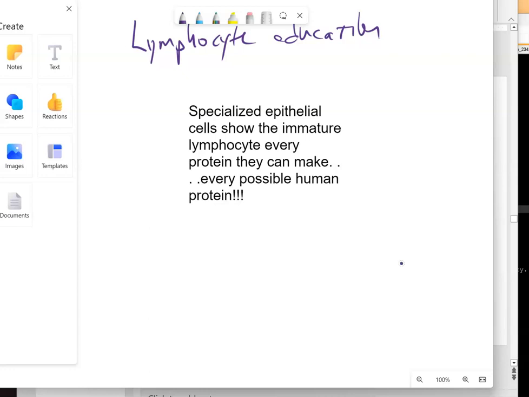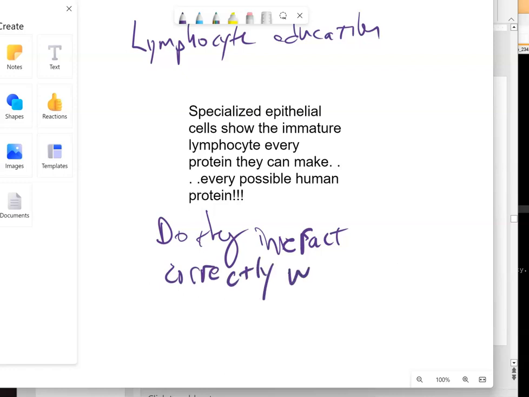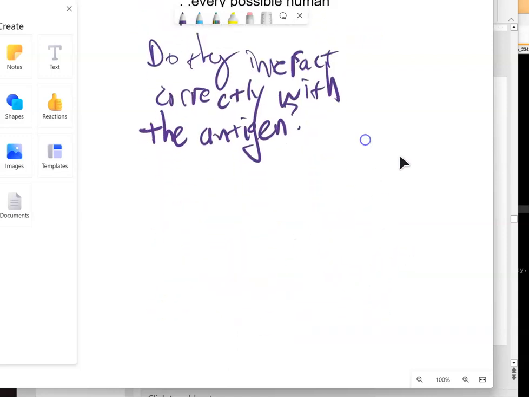So the first question they get asked is, do they interact correctly with the antigen? Do they interact correctly with it?